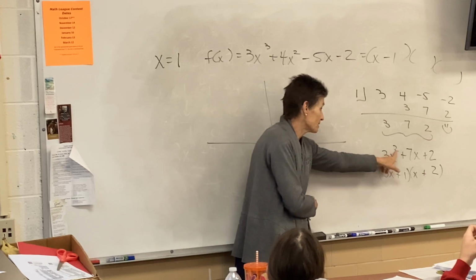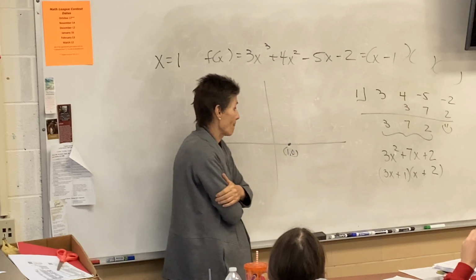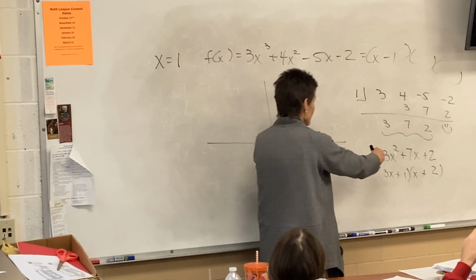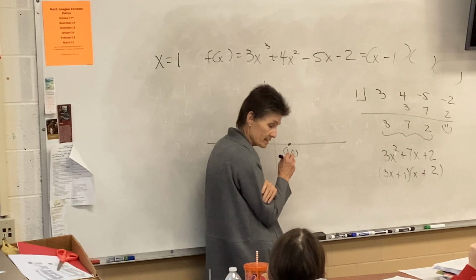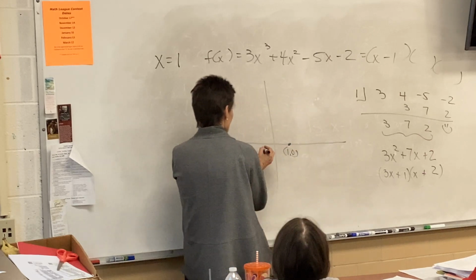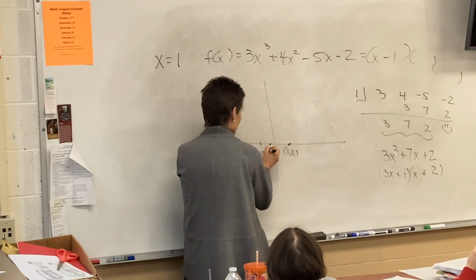What could I do with this problem? Quadratic formula, sure. And what are my other 2 roots? It says find the other 2 zeros. So the other 2 zeros would be -2 and -1/3.